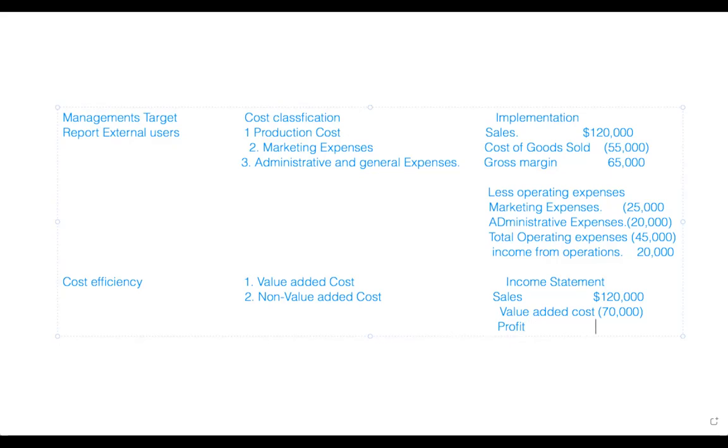It will be 50,000, right? But there are other things that happen, so we have to deduct the non-value added costs in here. So the amount of profit will be less, 30,000. So we got the operational income.